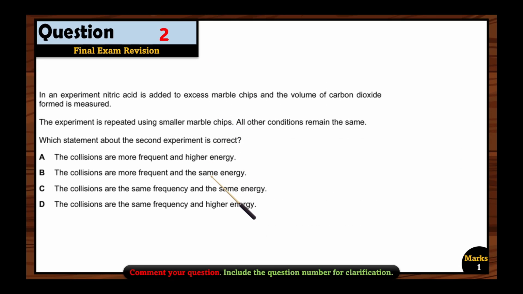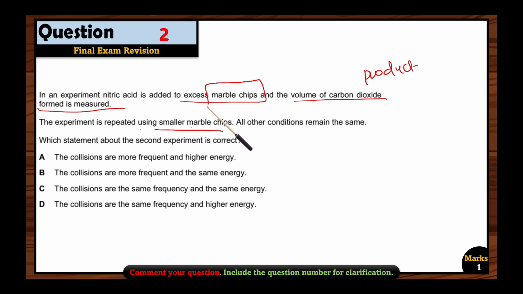In an experiment, nitric acid is added to excess marble chips and the volume of carbon dioxide formed is measured. So what are they actually measuring? They are measuring the product, right? So we have to see how much product is formed at a given time. The experiment is repeated using smaller marble chips. Before they used marble chips and then later they use smaller marble chips.